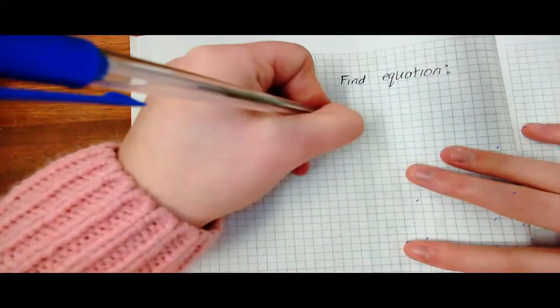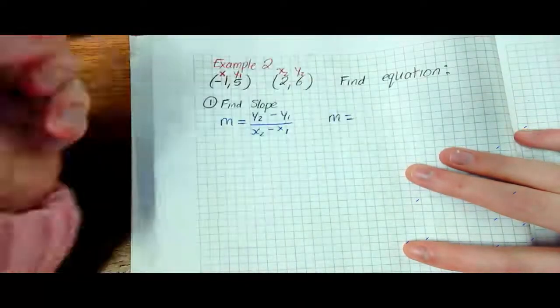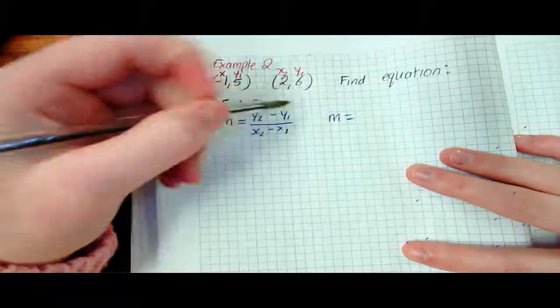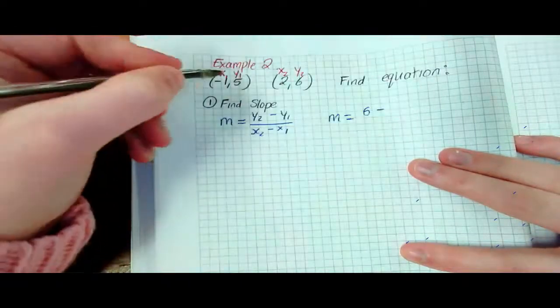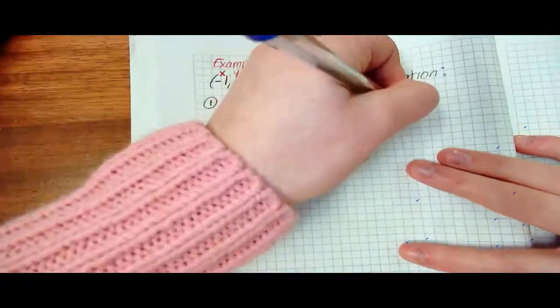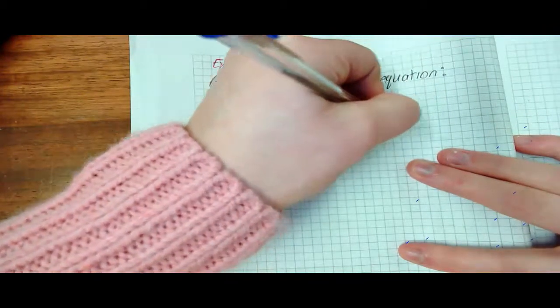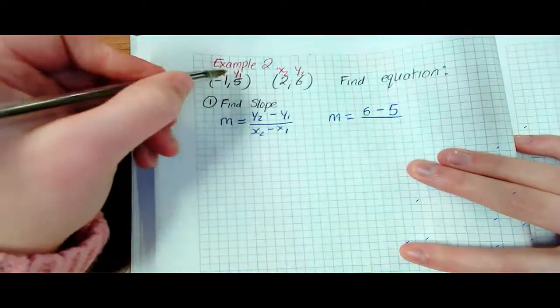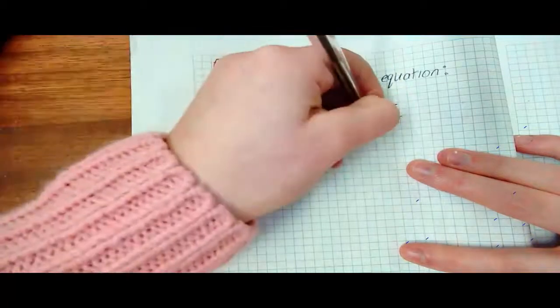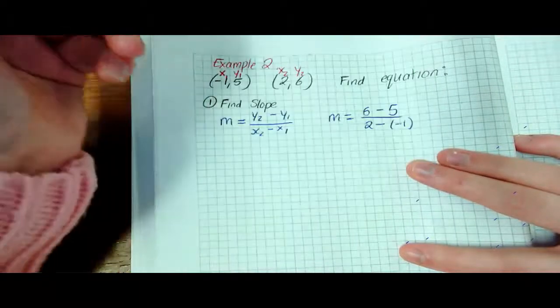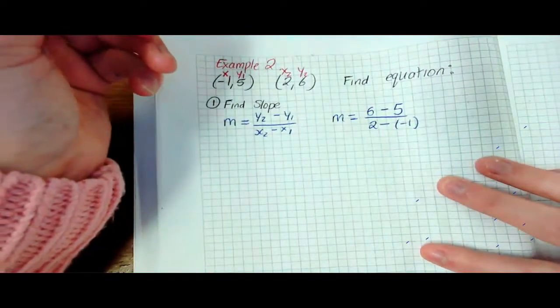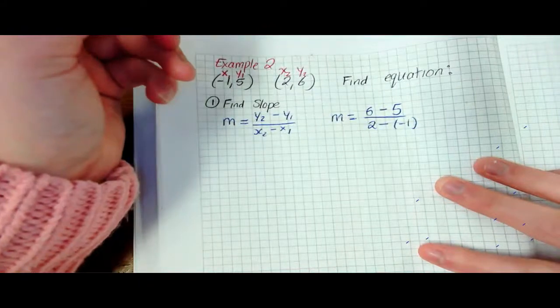So my slope then is equal to y2, what did I label y2? It was 6, minus y1, what did I label y1? It's 5, all over x2, what did I label x2? It's 2, minus x1, so what did I label x1? It's minus 1. Okay.